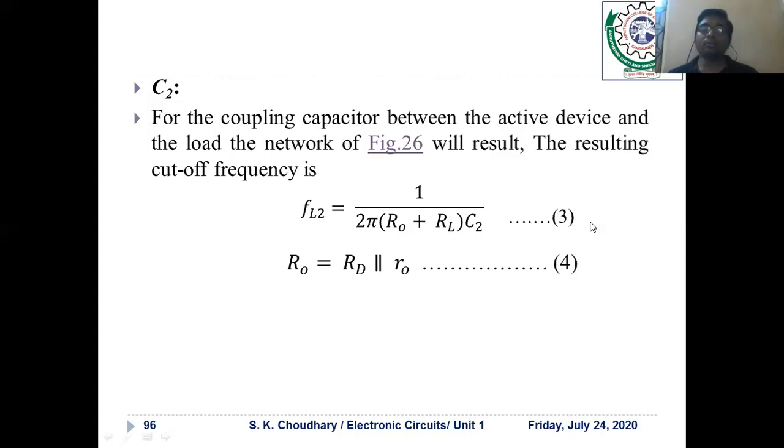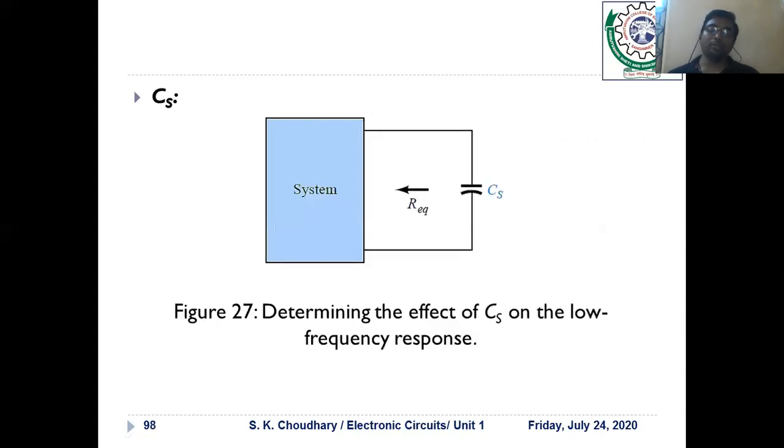Now come to see the effect of the third capacitor, that is the bypass capacitor, for deciding the FL or lower cutoff frequency. So this is the network because of this bypass capacitor. All the network diagrams are important, so please note down all these networks. Okay, and if you compare this network with the amplifier circuit, you will realize what this R equivalent is.